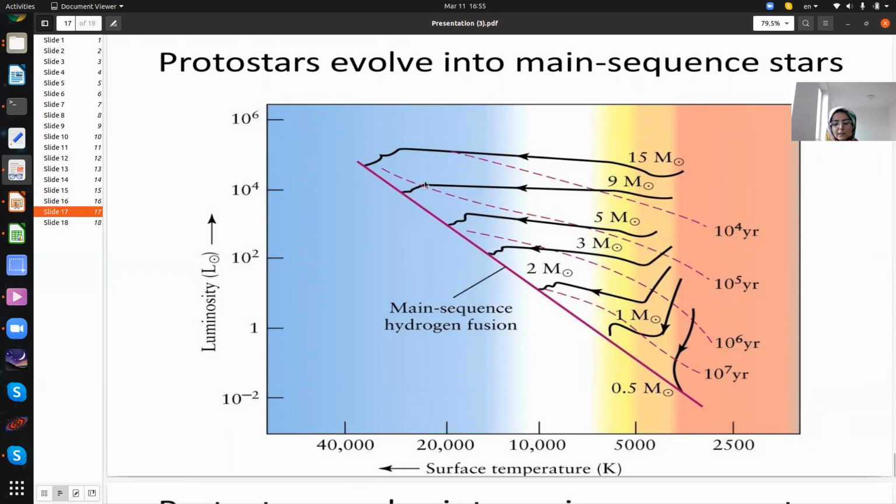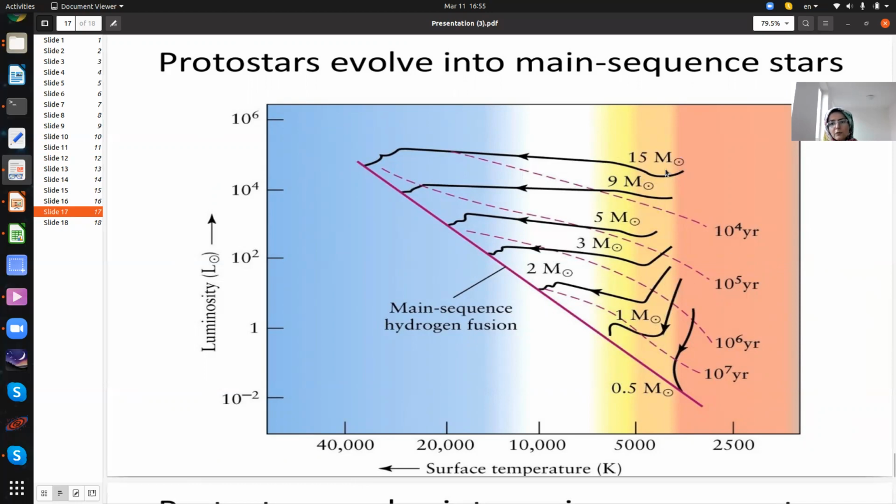And you see that in here, if we have more mass in a star, the star leaves the main sequence faster. But if we have a less massive star, it leaves the main sequence later.